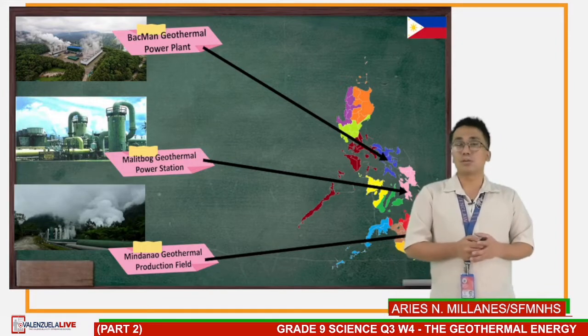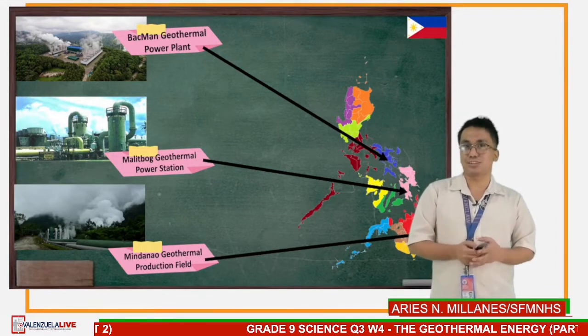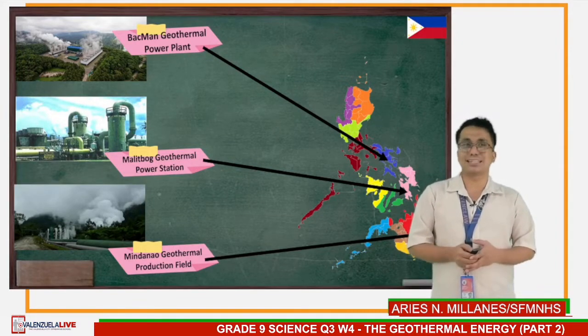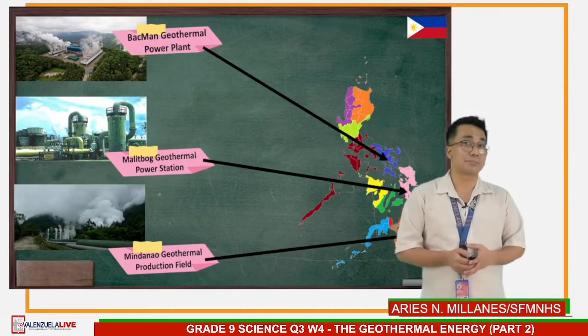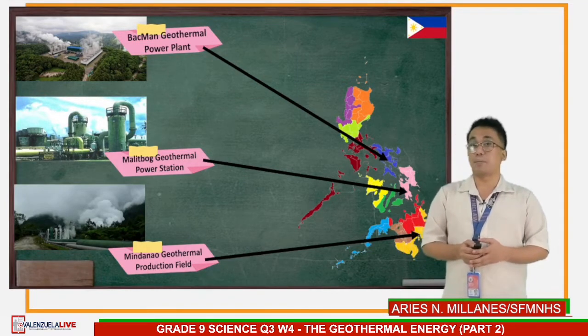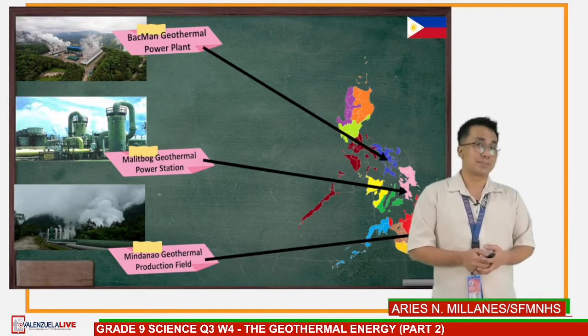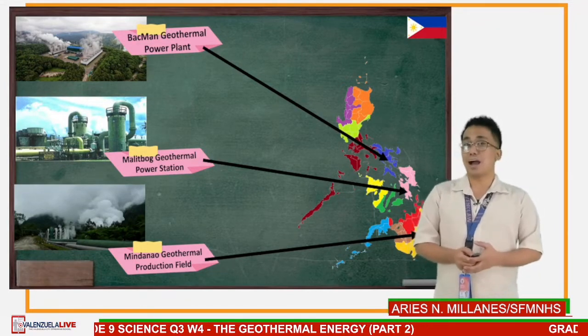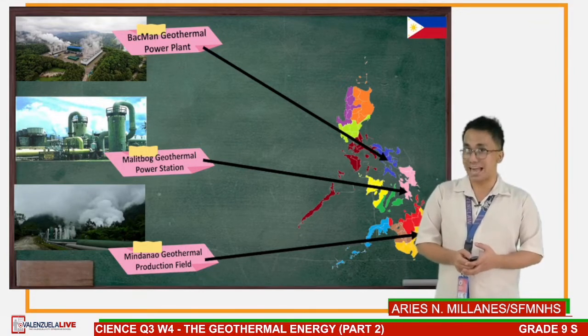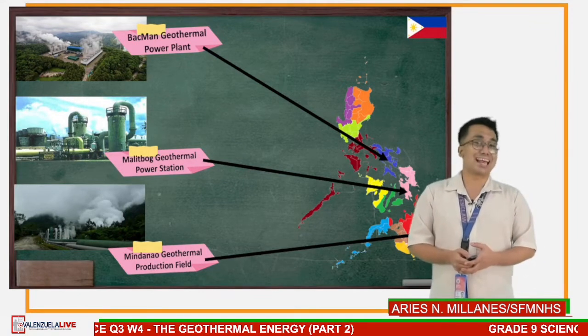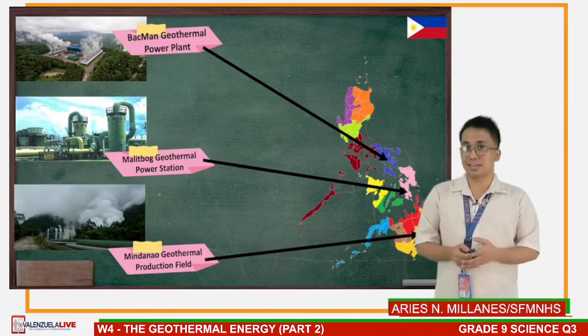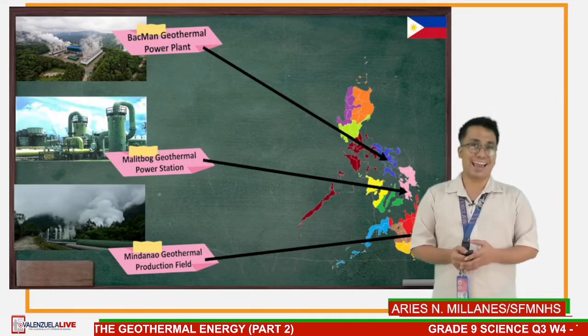There is also a functional geothermal power plant in Visayas named Malitbog Geothermal Power Plant, found in Leyte Province. Also, the Mount Apo Geothermal Power Plant that supplies electricity in the provinces of Davao Region and Kidapawan.